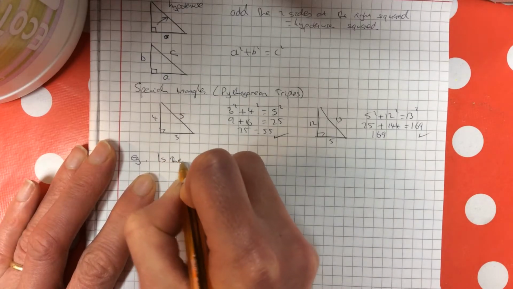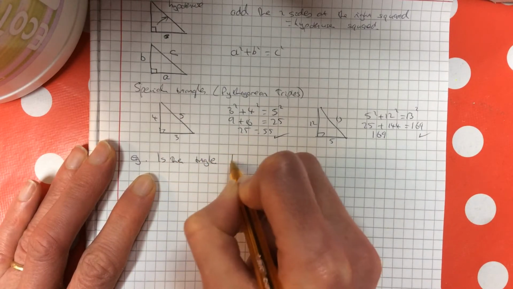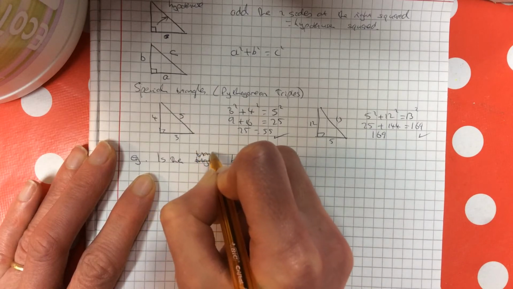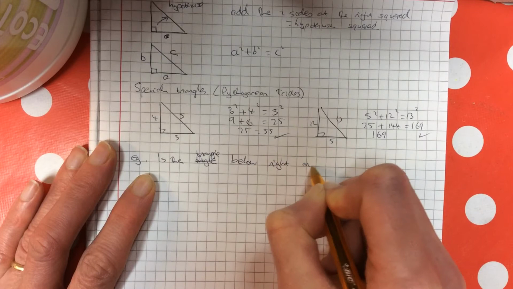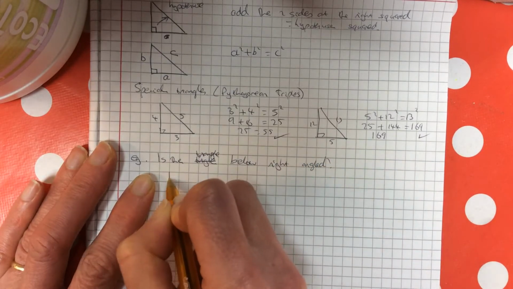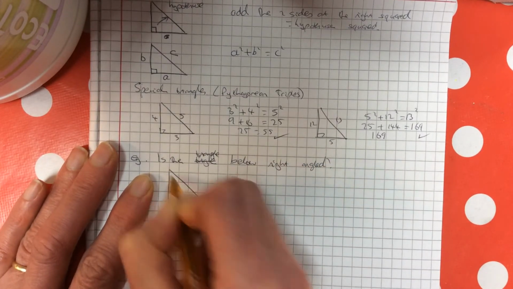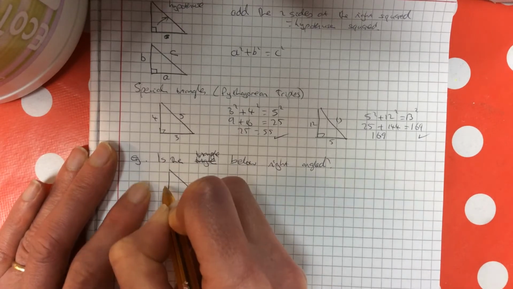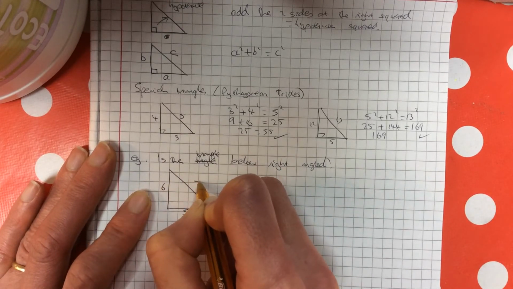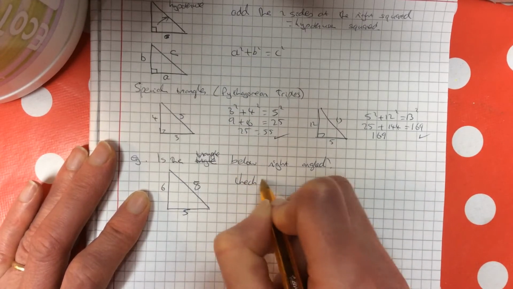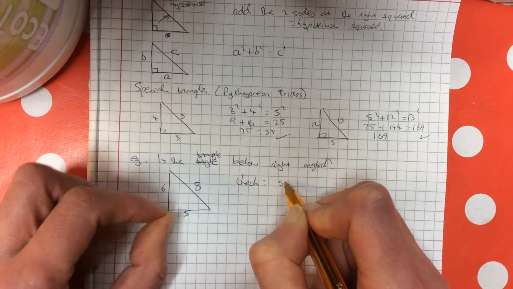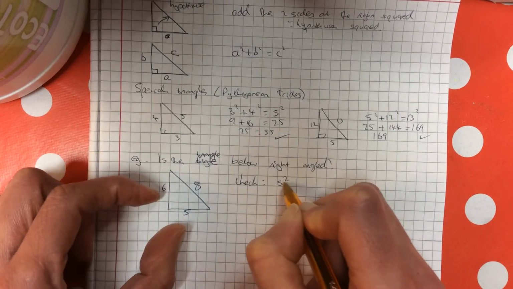Is the triangle below right angled? So I have this wee triangle, and I'm going to say this is 5, this is 6, and this is 8. It looks right angled, so I'm going to check it out. To check it out, you take the two sides at where you think the right angle is.